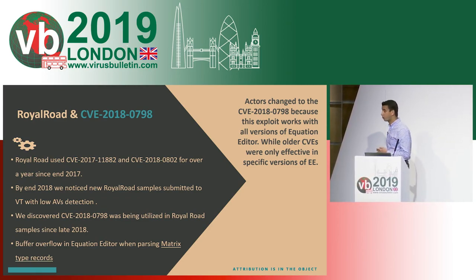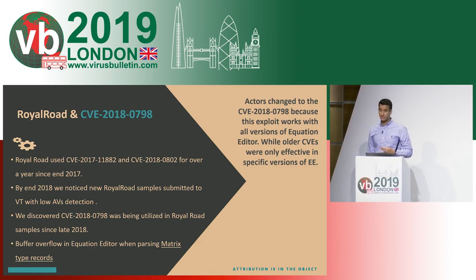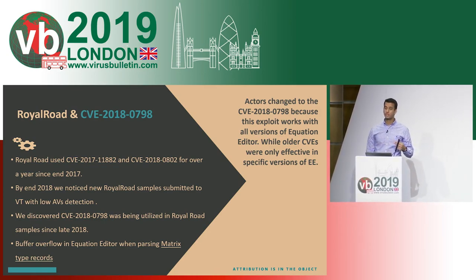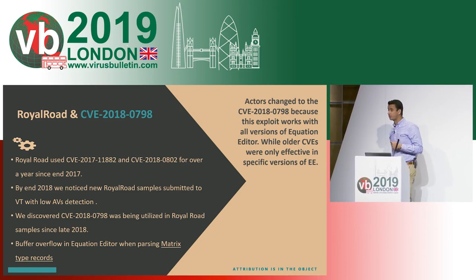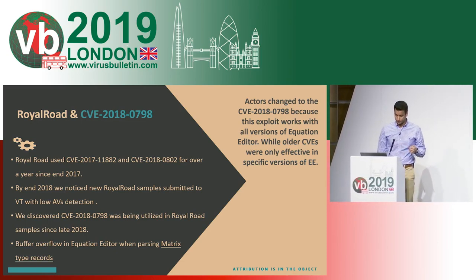So they were working for 1 year on finding a new CVE, which is a little bit different, because with both old CVEs, they were vulnerabilities in how Equation Editor was parsing the font name string, while this one was in the matrix record parsing. And this vulnerability works in all known versions of Equation Editor, which means a higher success rate. And that, again, shows how persistent they are and how hard they are working to make higher success rates.